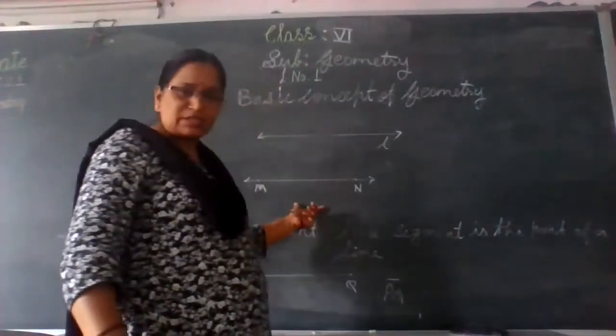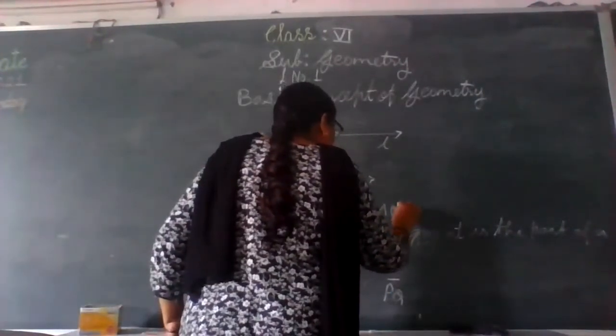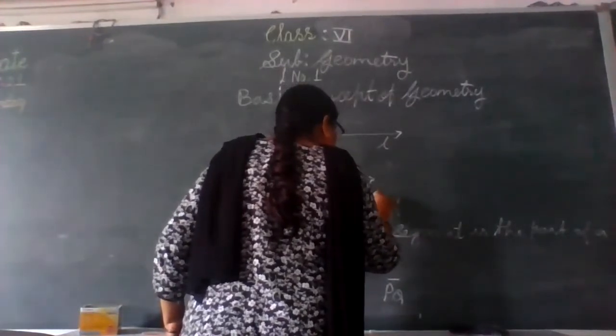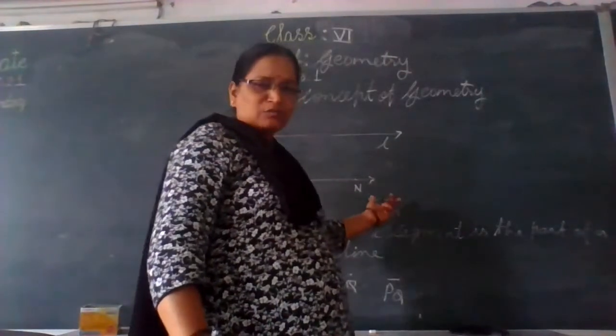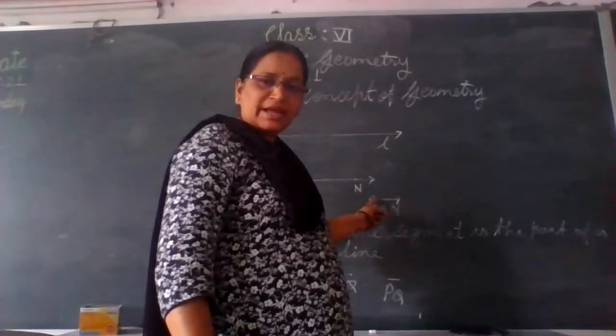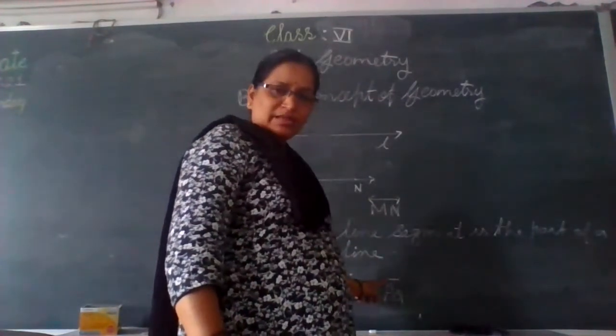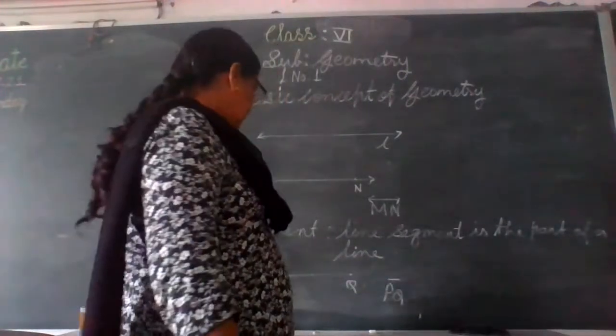And how will you denote this line? It is MN and write a small line over it. So it means that when you see a small line with arrowheads over the letters, it is a line. And if a small bar is on the letters, it is a line segment. Got it, beta? Okay.